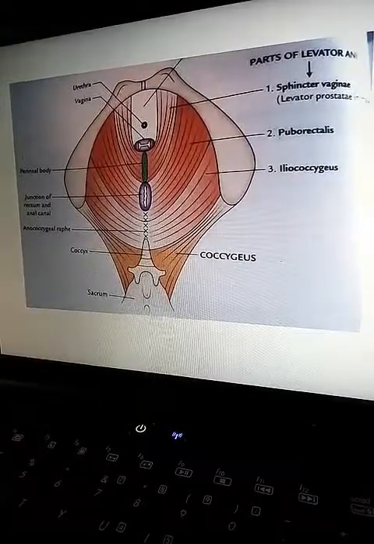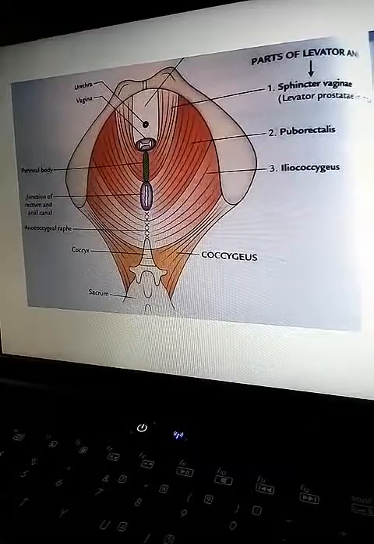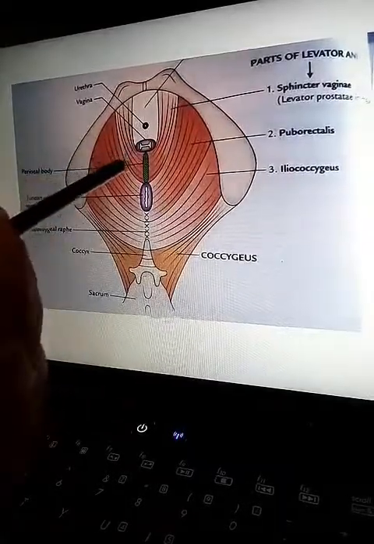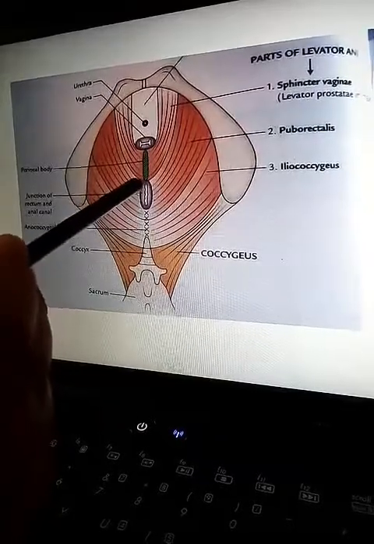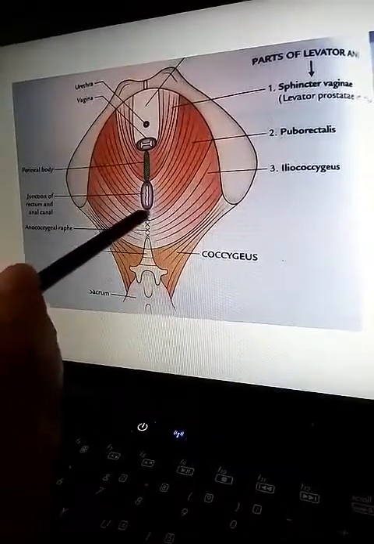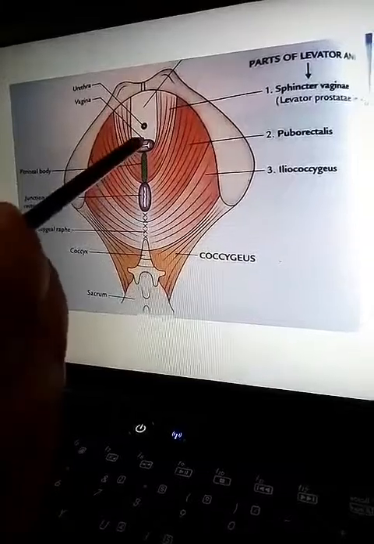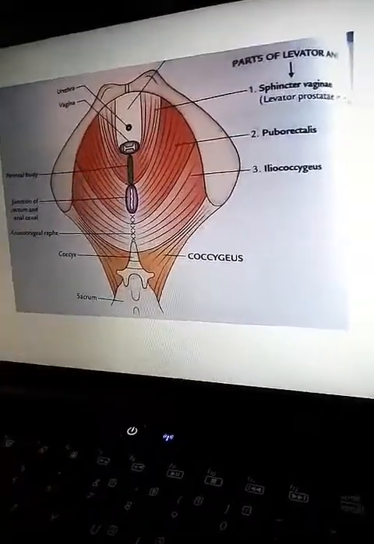Another important function is they subserve a sphincteric action on the anorectal junction to maintain the continence of feces in both sexes and the continence of vagina in the female.